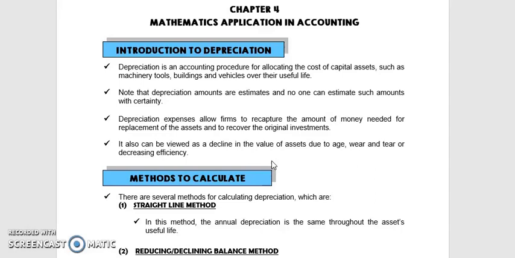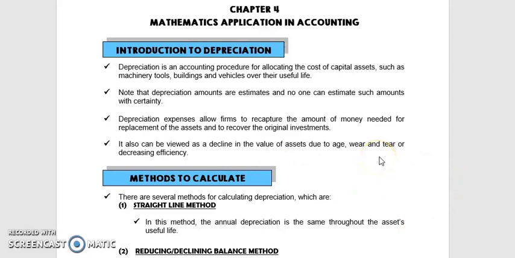After 6 years, maybe the condition of the freezer is not as in the first or second year. That is meant by decreasing efficiency. Or maybe you bought a car. After 10 years, because of the usage of the car, the efficiency of the car is decreasing.